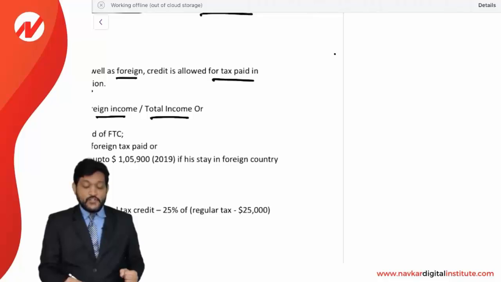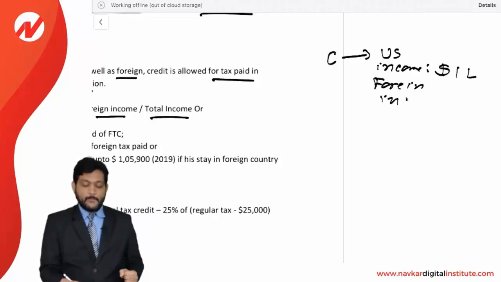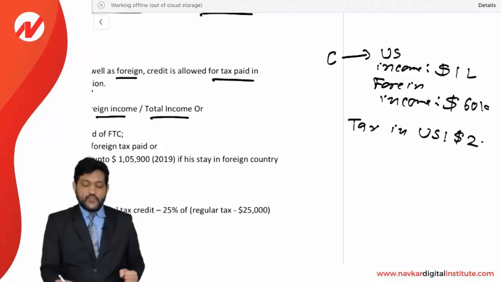Let's say there is a C corporation which has US income worth 1 lakh, foreign income worth 60,000, tax in the US has been 20,000 and tax in the foreign country, for example, has been paid at 8,000.